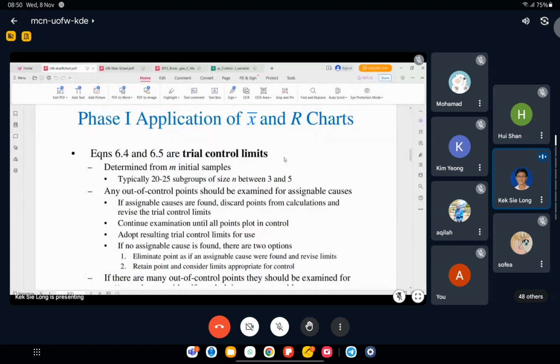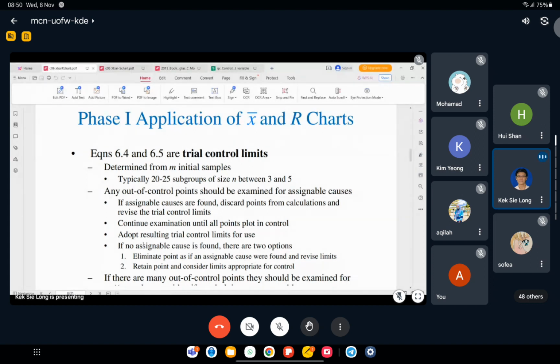It is not necessarily just 20 to 25, but it could be a few trials. The first trial we have 25, and then at another set period we take another 25, so it becomes 50. This is to observe, or to check.